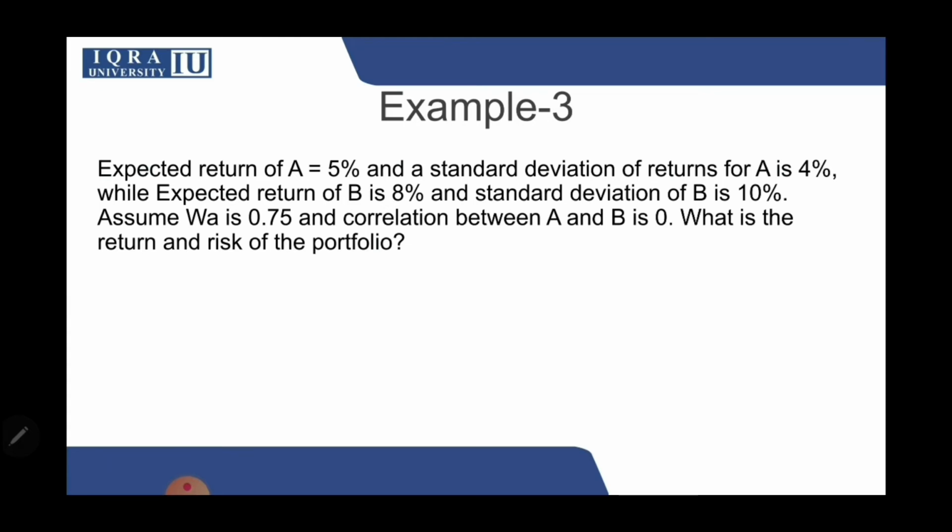So expected return of A is 5%, so you have RA, that it is 5%, and the standard deviation of return for A is 4%.